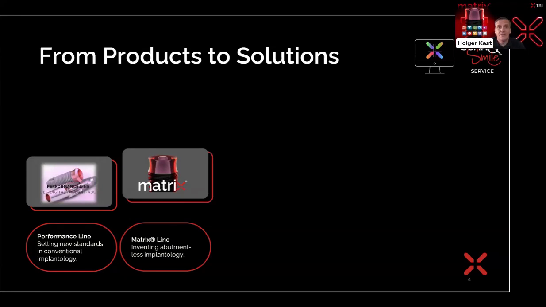So we created a new implant, and I will take my time here to explain a little bit how it is possible that we do not use an abutment anymore, that we are able to mill or, in our days, 3D print directly into this Matrix implant a prosthetic, not only single crowns. We can simplify the life also for full arch restorations very much with this. And we are 100% sure that abutment-free implants are the future of implantology.